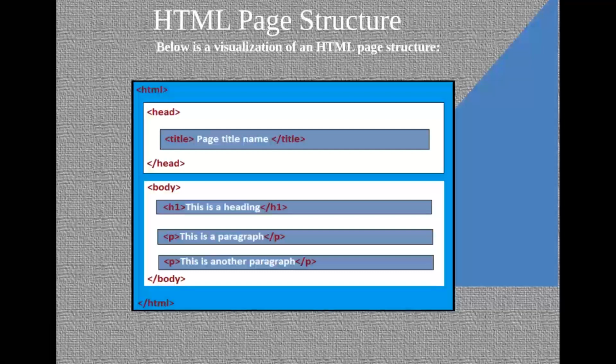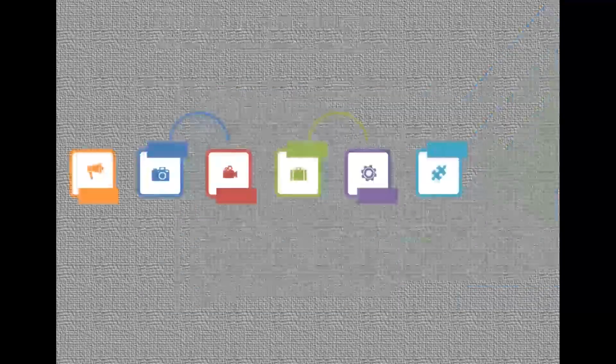And then in the body contents we can have headers like H1 or P, that is the paragraph, or any other body input elements, or button, or checkboxes or radio buttons, or n number of different types of elements that can be put inside the body, and that will be displayed onto the browser. So what is displayed inside the body is the content that can be seen on the web page in the browser.